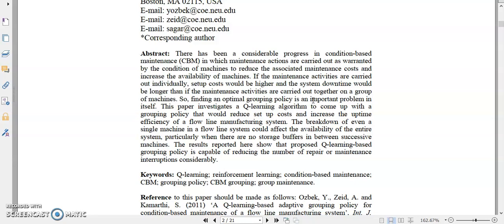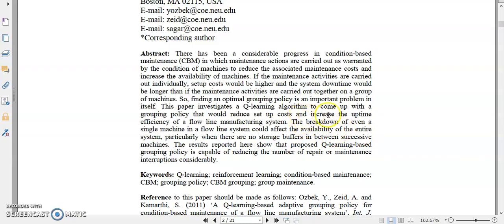They will be served in batches: first batch, second batch, third batch, and so on. So here they use the Q-learning algorithm to come up with the grouping policy that will reduce the setup cost and increase the uptime efficiency of the flow line manufacturing system.